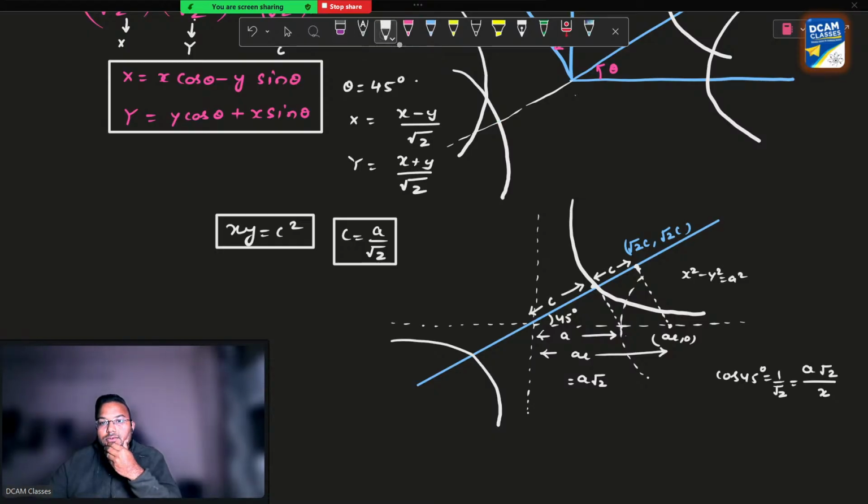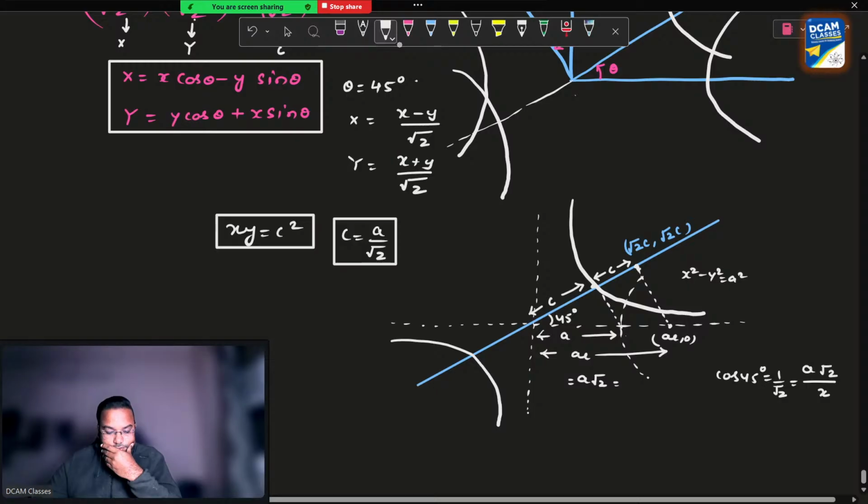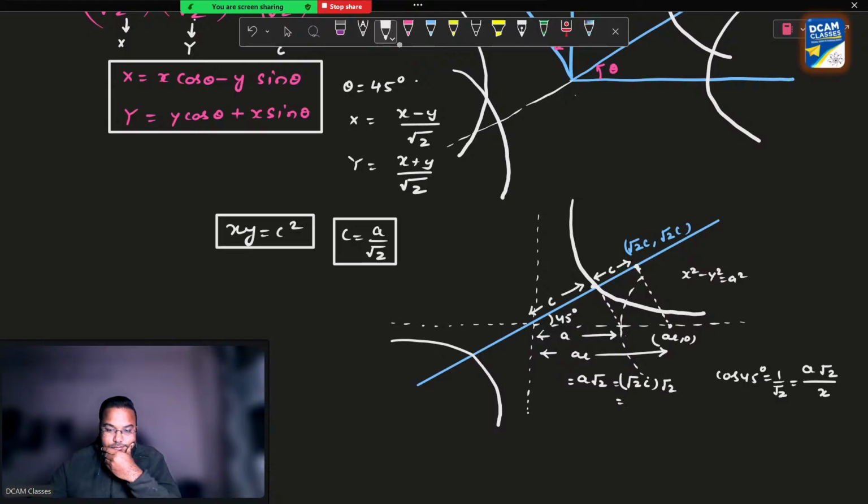A root 2, so it will become root 2c into... correct now. This distance is a. Sorry, this distance is equal to 2c.